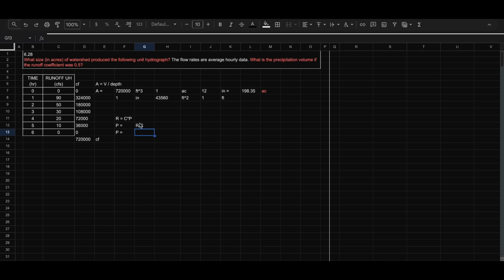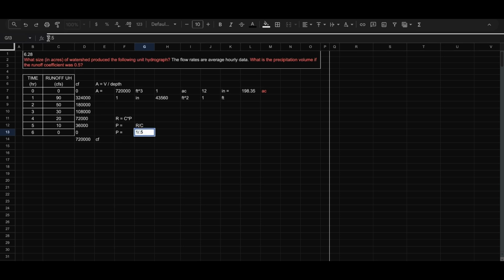But before we do that, let's convert the runoff into inches. Since this is a unit hydrograph and this is its volume, we know that this cubic feet in inches is just 1 inch, because the unit hydrograph by definition has 1 inch of runoff volume. So all you need to do here is use the runoff volume, which is 1 inch, divided by the runoff coefficient of 0.5.